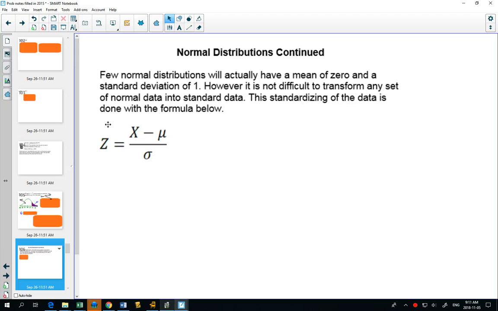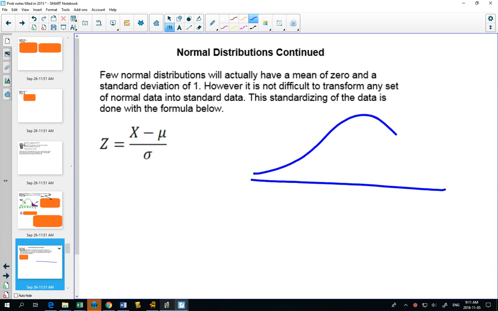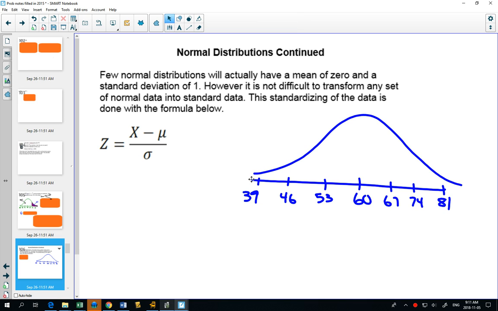So this is your Z-score formula. And a Z-score is standardizing the data. So for example, if we take that math test that we just had with the mean at 60 and the standard deviation of 7, if someone scored a 67, they're 1 standard deviation above the mean.